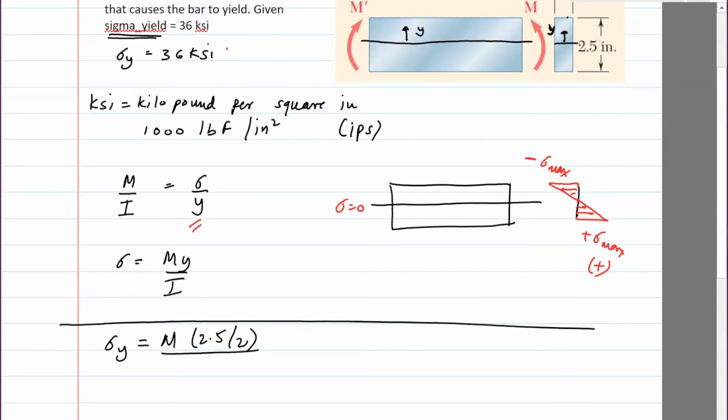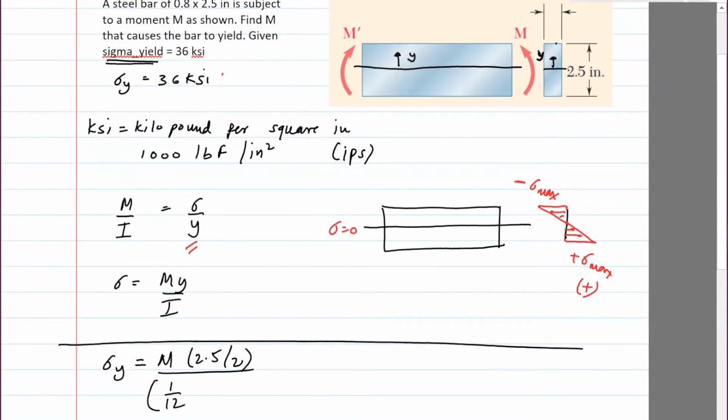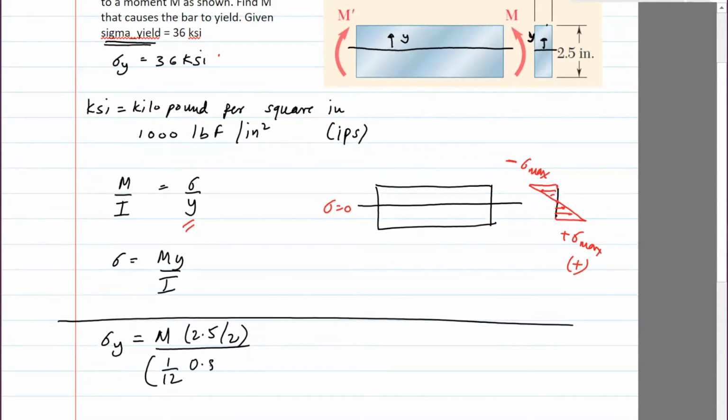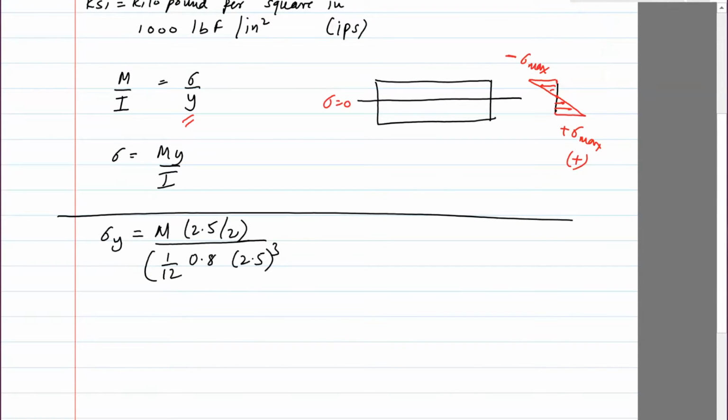And then the inertia for this section is 1/12 the breadth, which is 0.8, times the height cubed. Here I'm really solving for M, so I need to move things around. So M equals sigma y, which I'll sub in now.